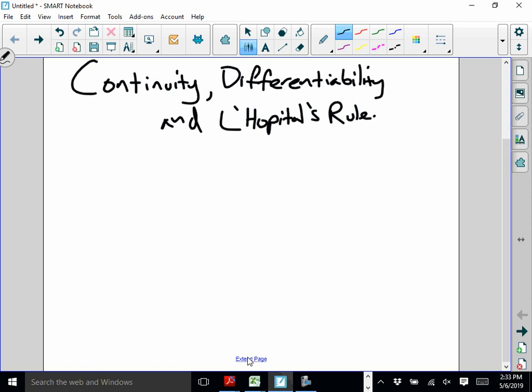So let's talk about continuity at a point. Here's a definition that we have to know. f of x is continuous at x equals a, at some point x equals a, if and only if the following things happen.